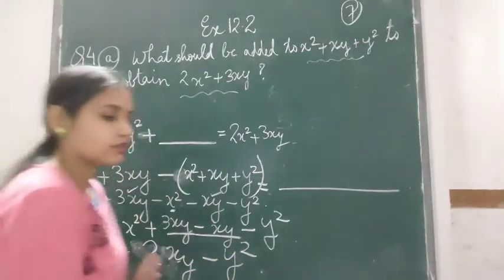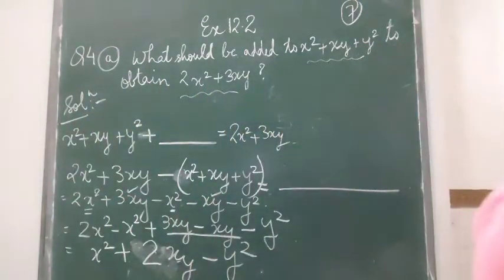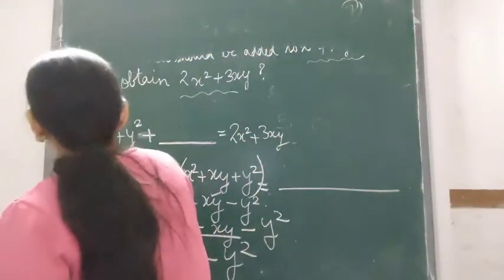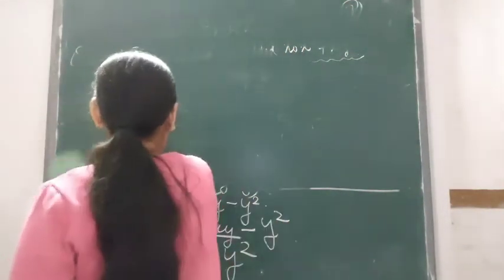So this is your answer. This should be subtracted to obtain the result as 2x square plus 3xy. Correct. So now we will move to the B part of question number 4.